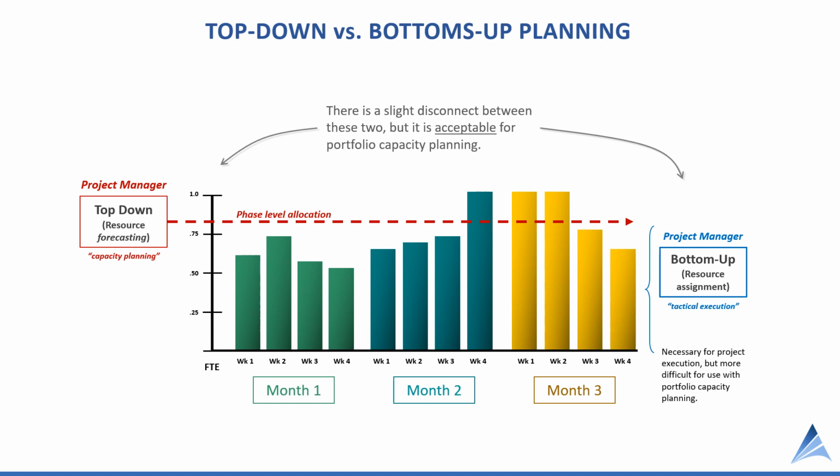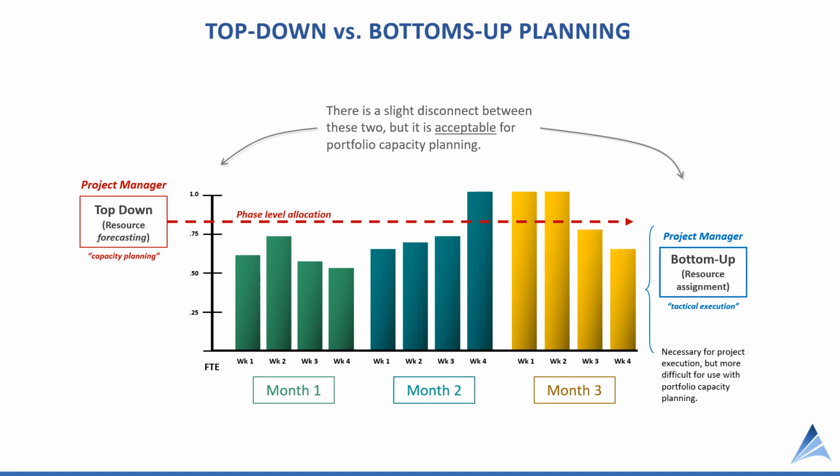And I would say that for capacity planning purposes, for portfolio management, phase level allocations are generally sufficient. As we can see in the example here, week by week there may be adjustments in the amount of time that a specific person is needed on a project. But at a phase level, we have more of a general forecast for that person.